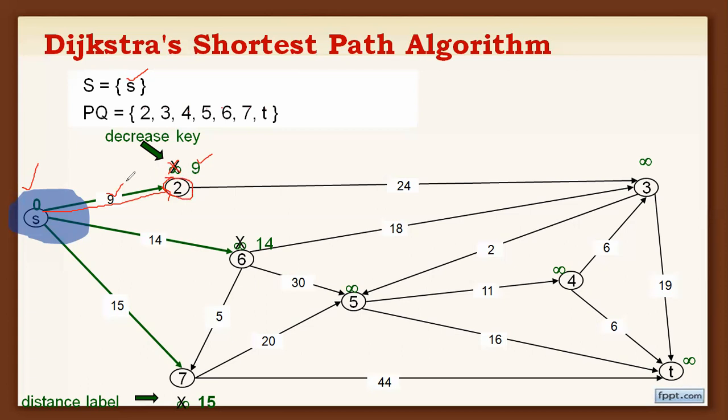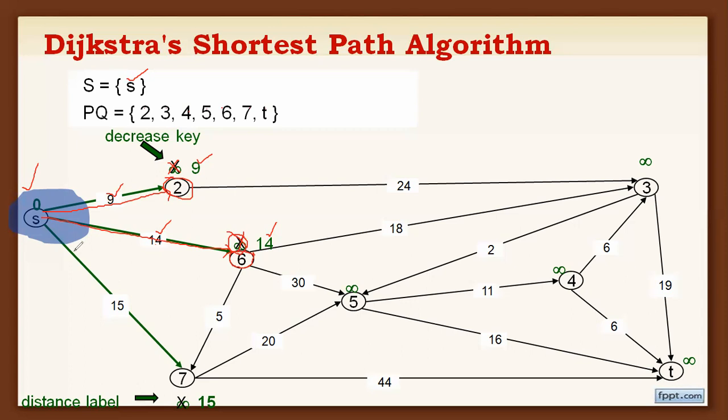Next, we need to find the smallest distance from S to 6. There is a direct path from S to 6 with a cost of 14. Compare 14 with the existing cost infinity. Which one is minimum? 14 is minimum. That's why we consider 14 and ignore infinity.